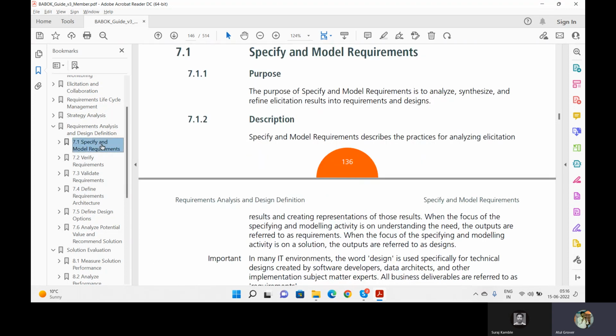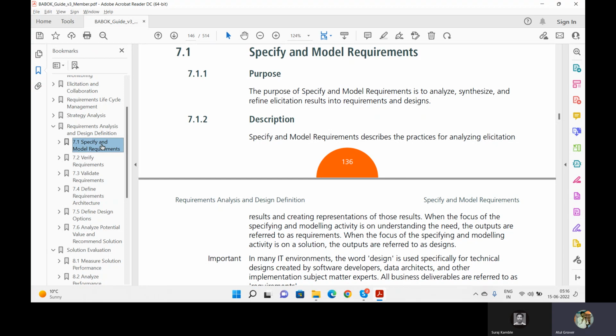Now, the first chapter says specify and model requirement. See, यहाँ पर words का बहुत big role है. They're not saying specify the model requirement. No, they're saying specify and model requirement.